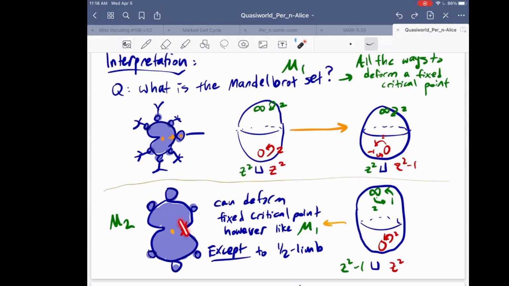And this is where we get our puncture right here. So this is a very natural way of thinking about the mating locus of the basilica as something that should look Mandelbrot-y, but there should also be a puncture, and that explains why we would see that upstairs.